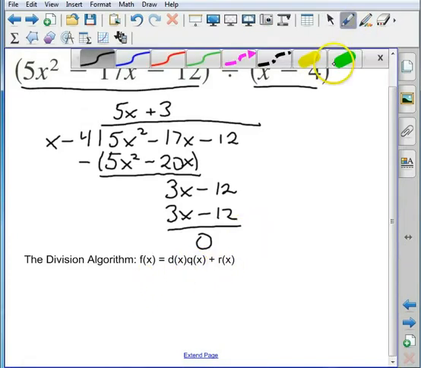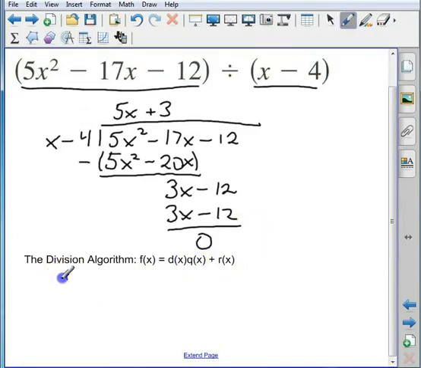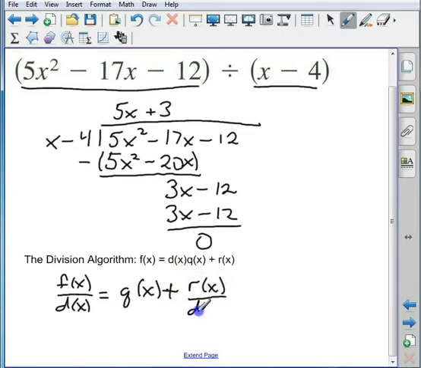And we can rewrite this as f of x divided by d of x is equal to the quotient plus the remainder divided by the divisor. So if I'm starting with a division expression, a rational expression, I can rewrite it as a quotient plus a remainder over the divisor.